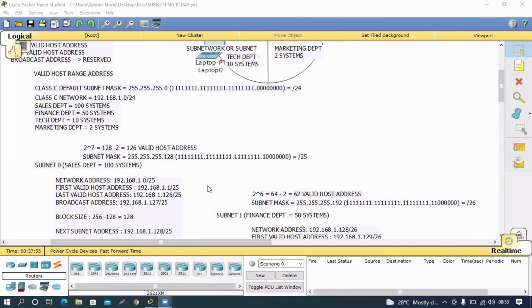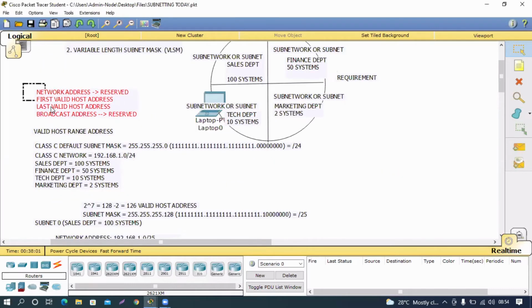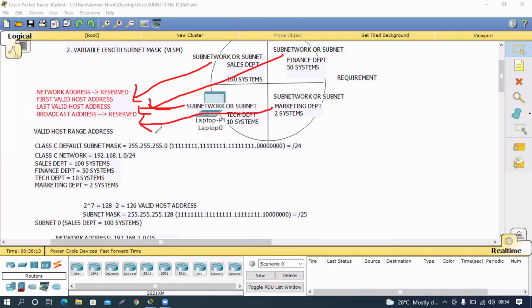This is the calculation you are going to do. Our main objective is to find these addresses. In every single subnet, we are going to find our network addresses, these 4 addresses. So how do you do this calculation?